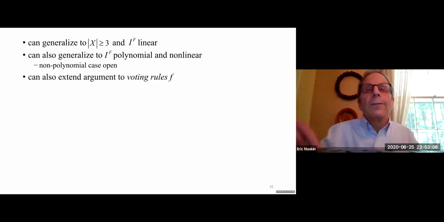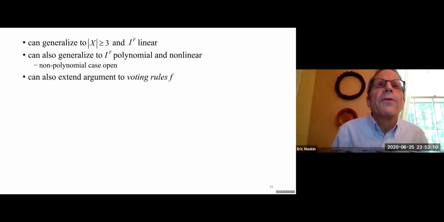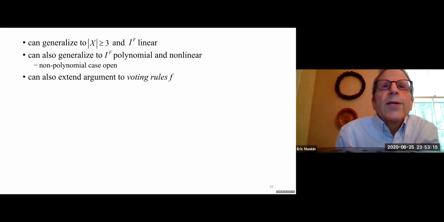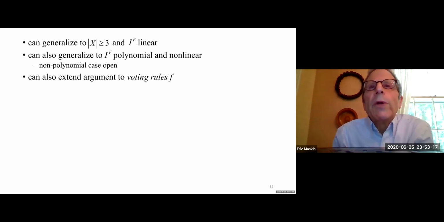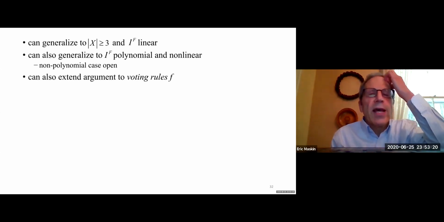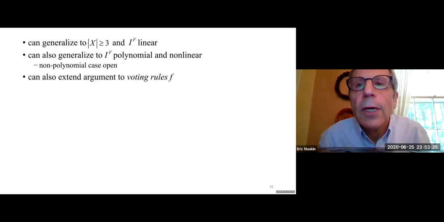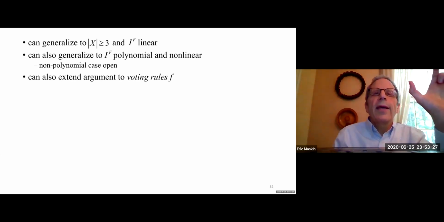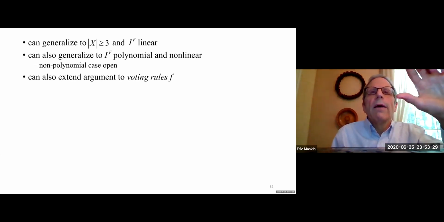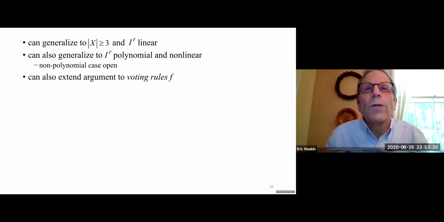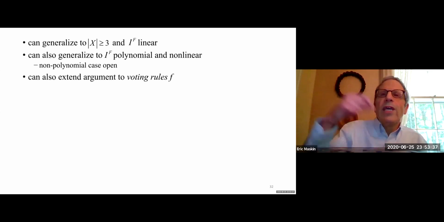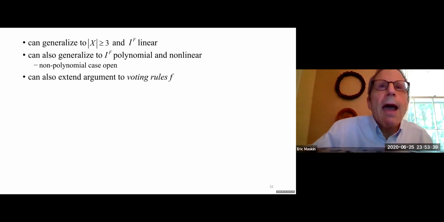And then the final thing I want to point out is that we can also extend the argument to voting rules. So as I said, Arrow required that you get a social ranking of all alternatives, whereas with a voting rule, the interest is just finding out who won.